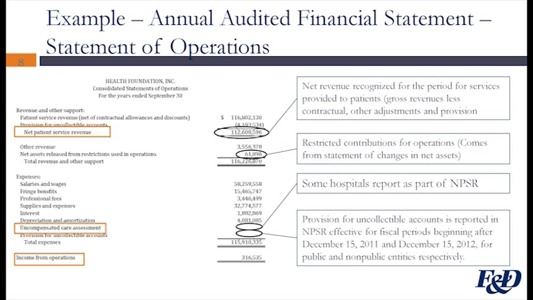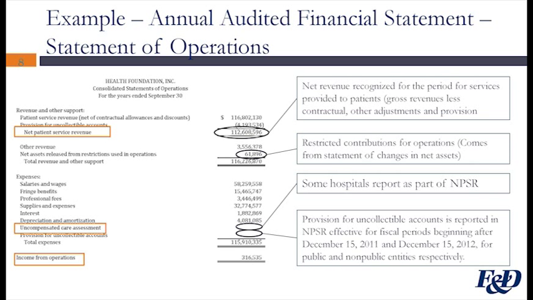Moving down into the expense side of things, one item that is definitely healthcare specific is the uncompensated care assessment, or what now could be called, in Massachusetts at least, the health safety net care assessment. And what that basically is, is a tax to any Massachusetts hospital that participates in the health safety net.